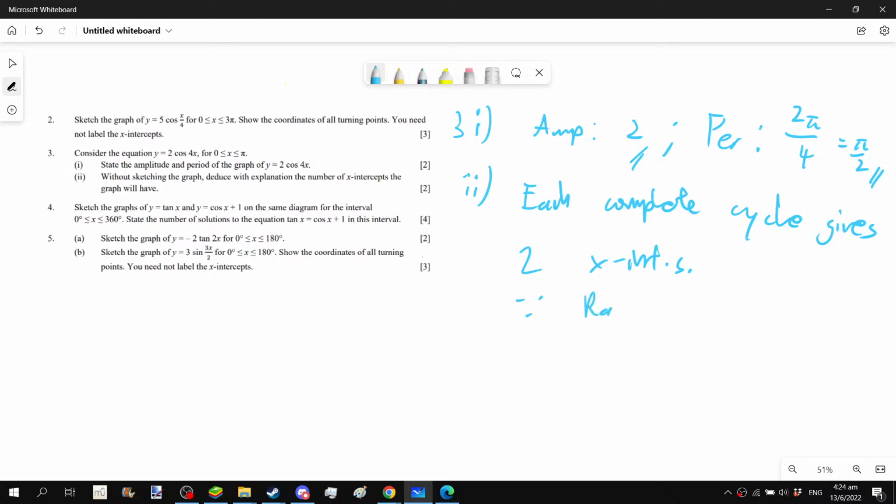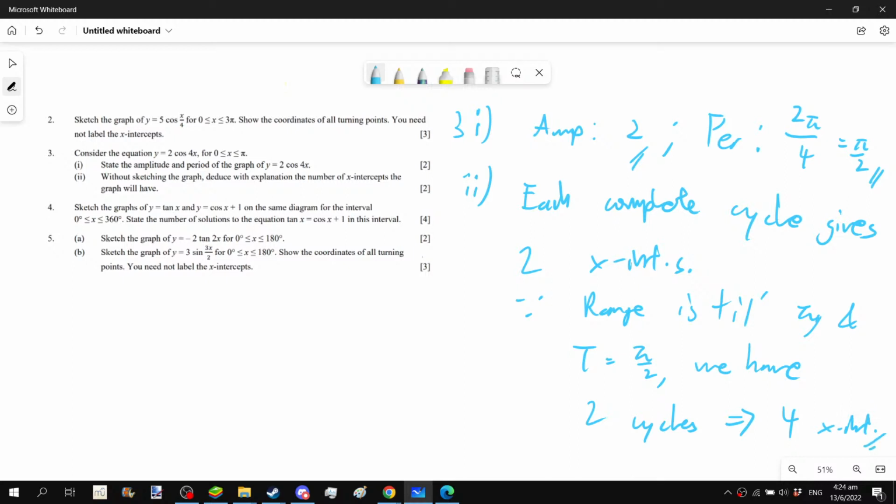Since the range is until pi, and the period is pi over 2, we have 2 complete cycles, in other words 4 x-intercepts, and we are done.